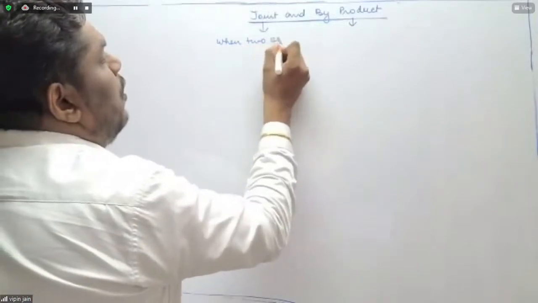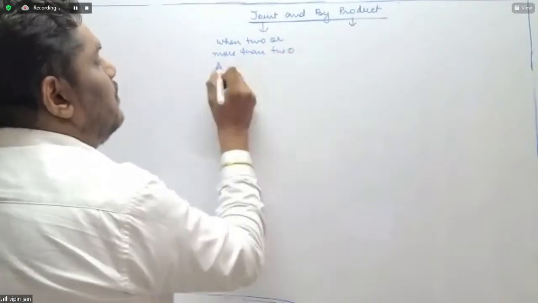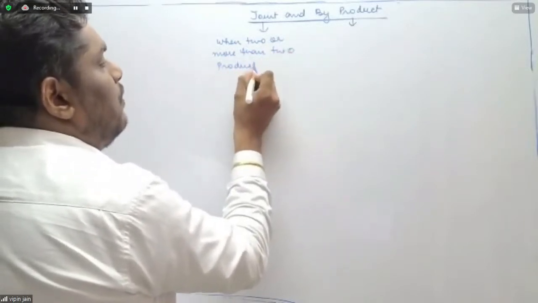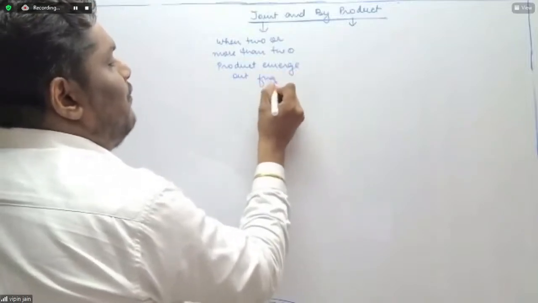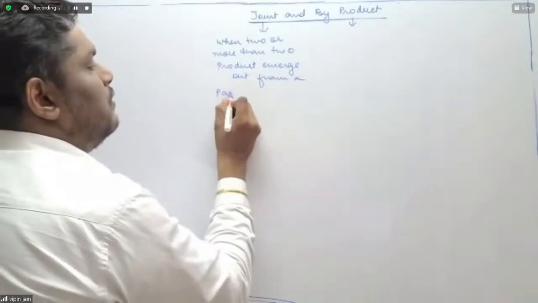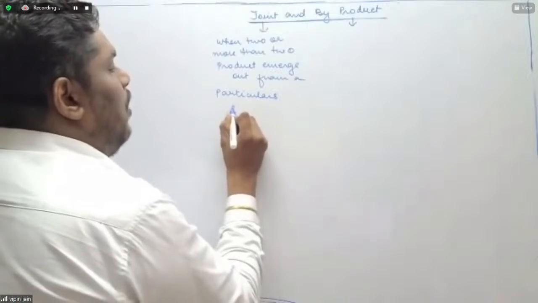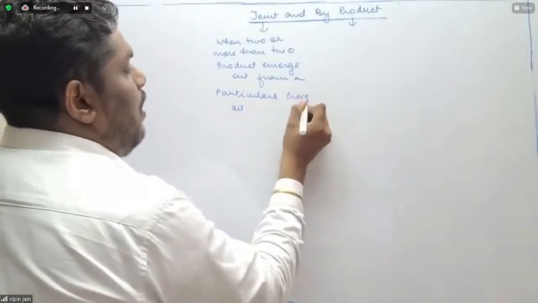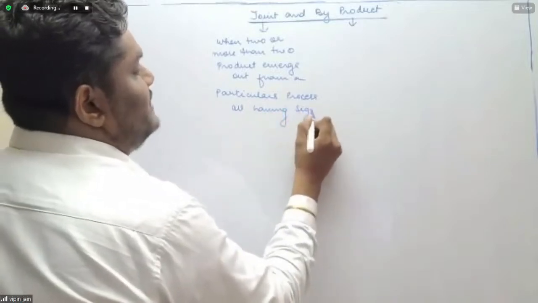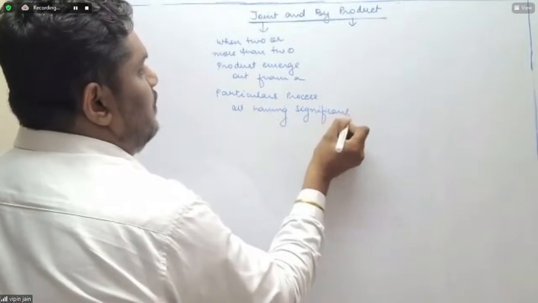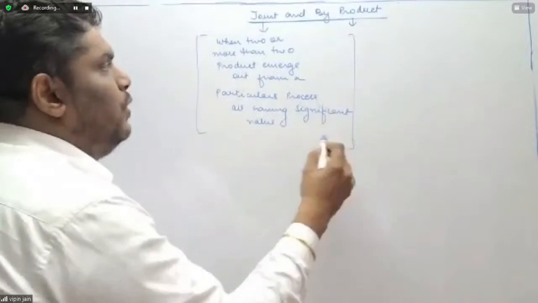When two or more than two products emerge out from a particular process, all having significant values are joint products.